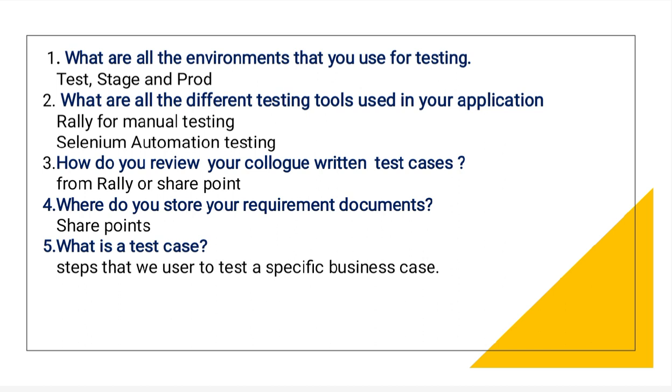The actual results are the results that we get when we actually execute this test case on the application. If the expected and actual results match, then the test case passes. If they do not match, then we fail the test case and log the defect. So this process will continue.